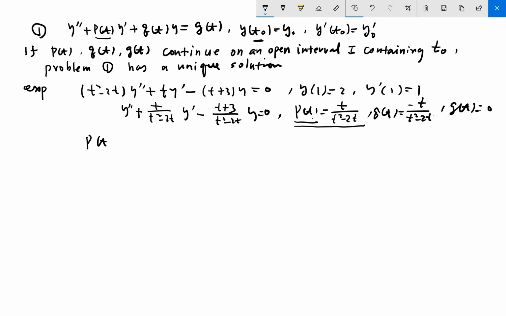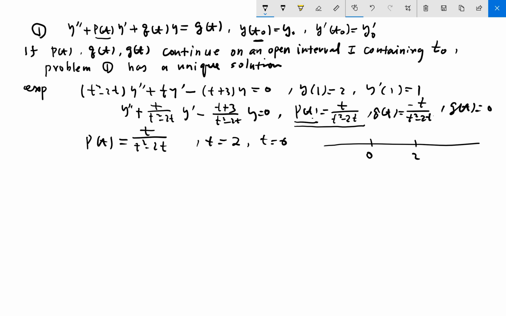This function is fine, it's a good one, except at t equal to 2 and t equal to 0, right? When t equal to 2 or t equal to 0, you have 0 as a denominator and your function is not defined. So this function is continuous at every point except t equal to 0 and t equal to 2.